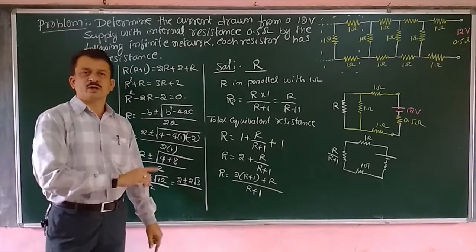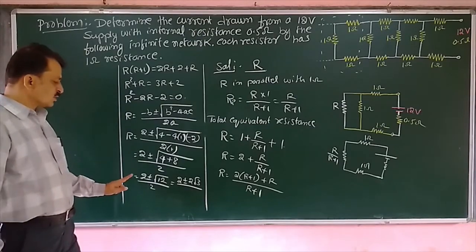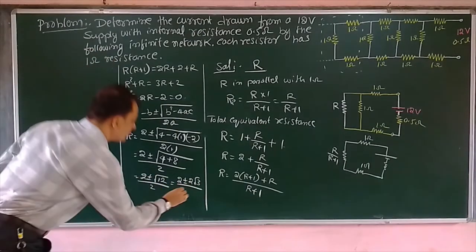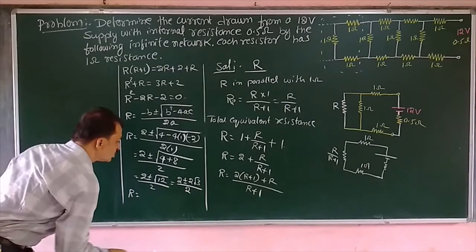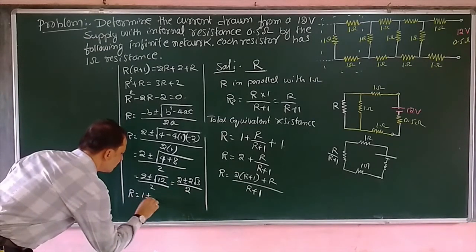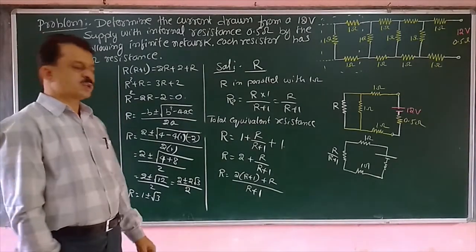12 can be written as 4 into 3. So taking the 4 outside the square root, it becomes 2 root 3 divided by 2. Since 2 is common, it gets cancelled in both the numerator and denominator. We arrive at R is equal to 1 plus or minus root 3.